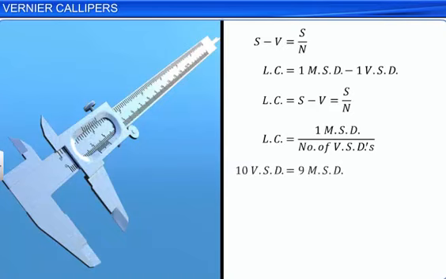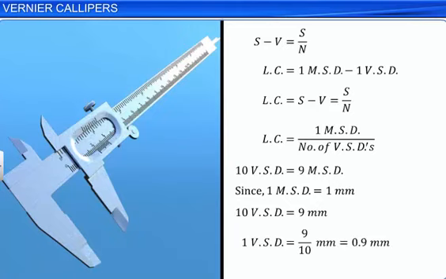Generally, in a standard vernier calipers, 10 vernier scale divisions coincide with 9 main scale divisions. Since the length of each main scale division is 1 millimeter, 10 divisions on the vernier scale are equal to 9 millimeter. Therefore, the value of one vernier scale division is equal to 9 by 10 millimeter, which is equal to 0.9 millimeter.